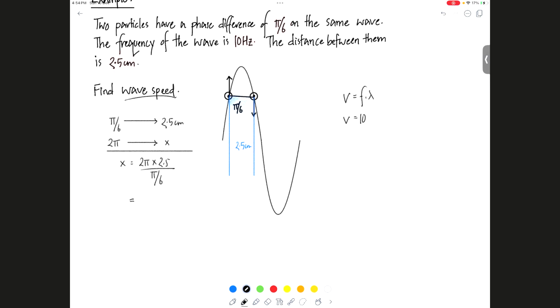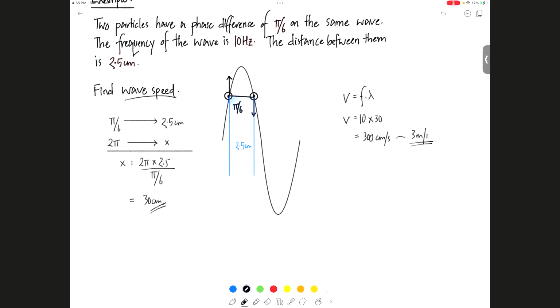So 30, okay, 30 centimeter. So if I place my value here, 30 centimeter, I get 300 centimeter per second, or how much? 3 meter per second. Clear about this?